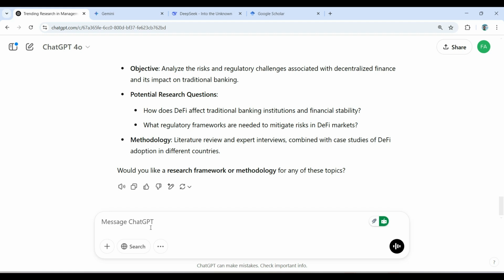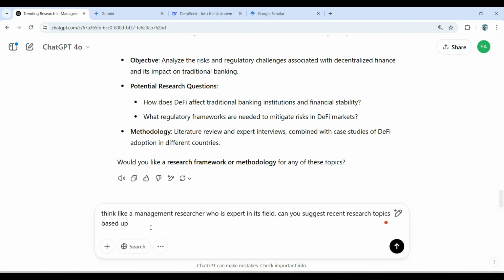For example, you can ask it: think like a management researcher who is an expert in its field. Can you suggest novel research topics based upon up-to-date and recent impact factor publications in the domain of fintech?